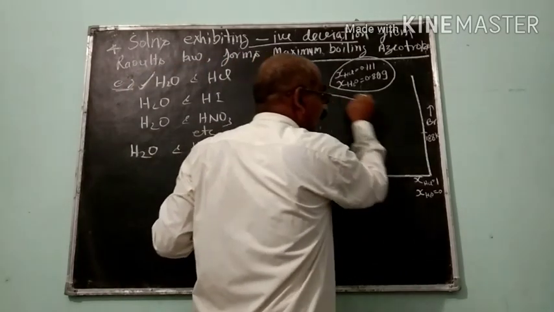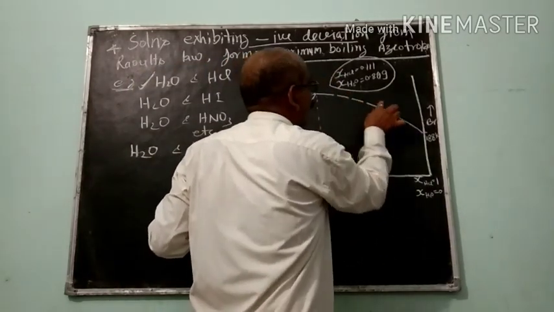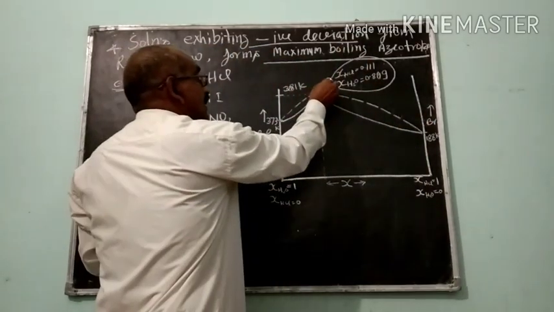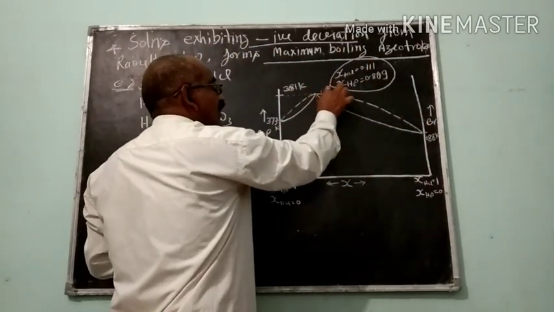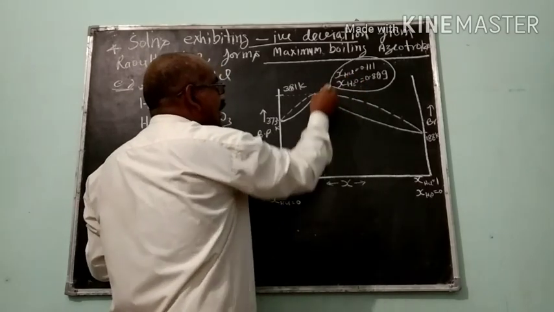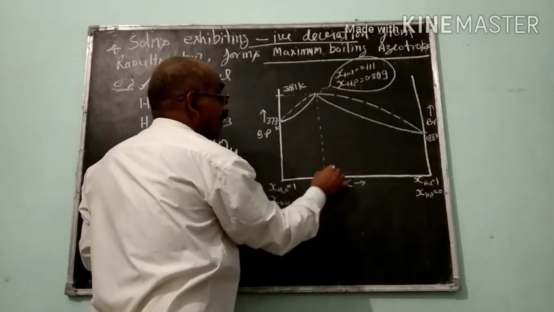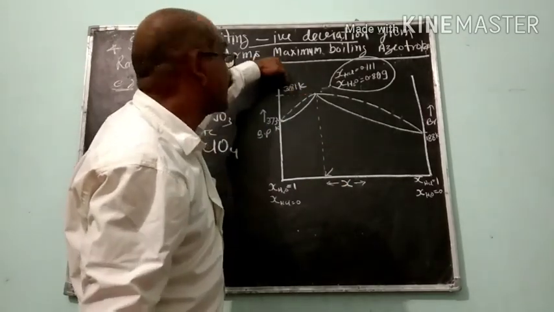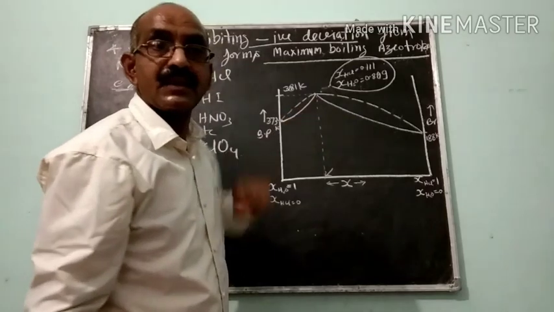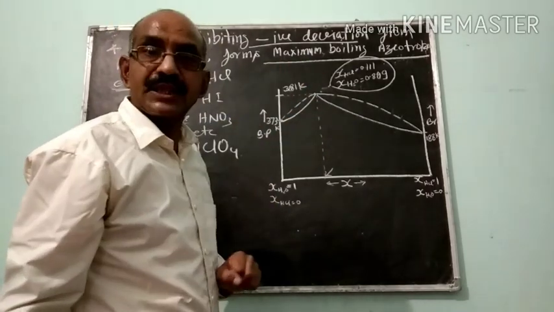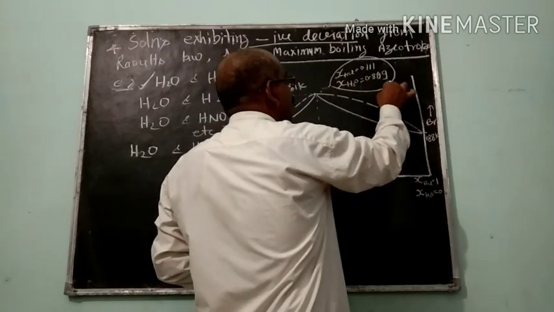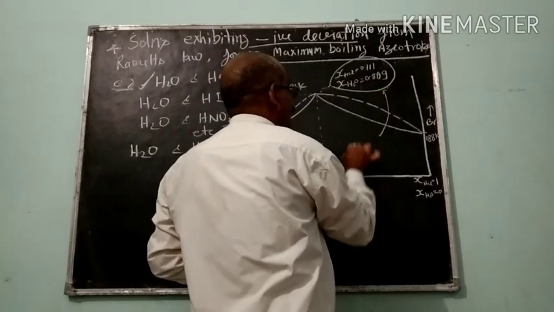And this composition boils at higher temperature than the boiling point of both the liquids. So is an example of maximum boiling azeotrope. And the composition which boils together, this one, is called what?